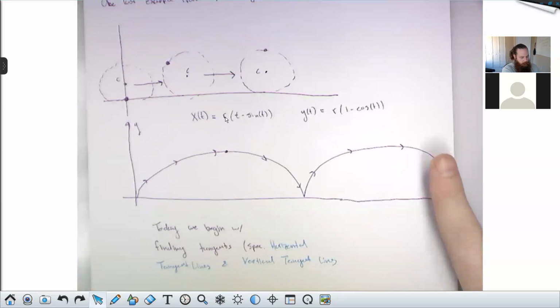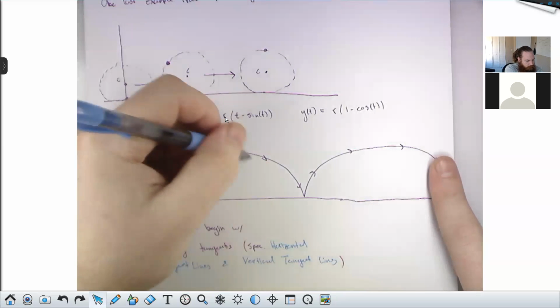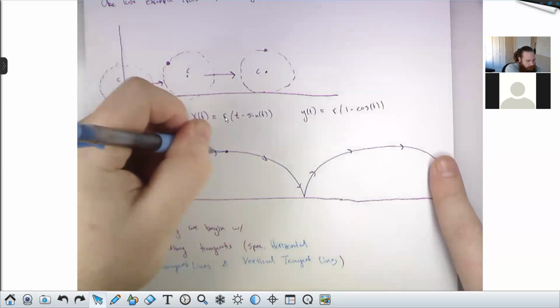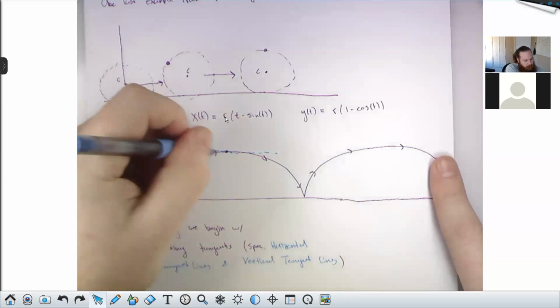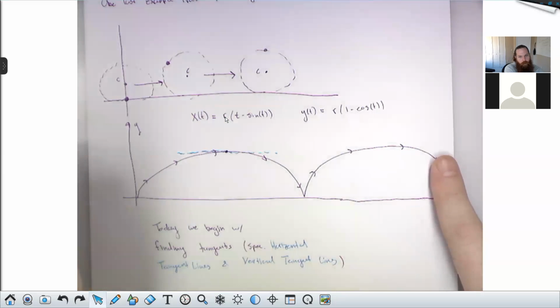So if you look along this curve, you'll notice there's a few places where the tangent lines are horizontal. Like right here, I should have a horizontal tangent.